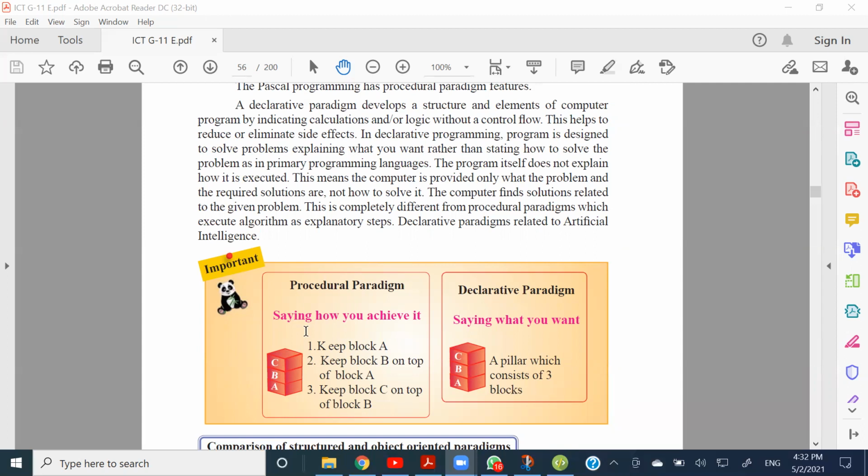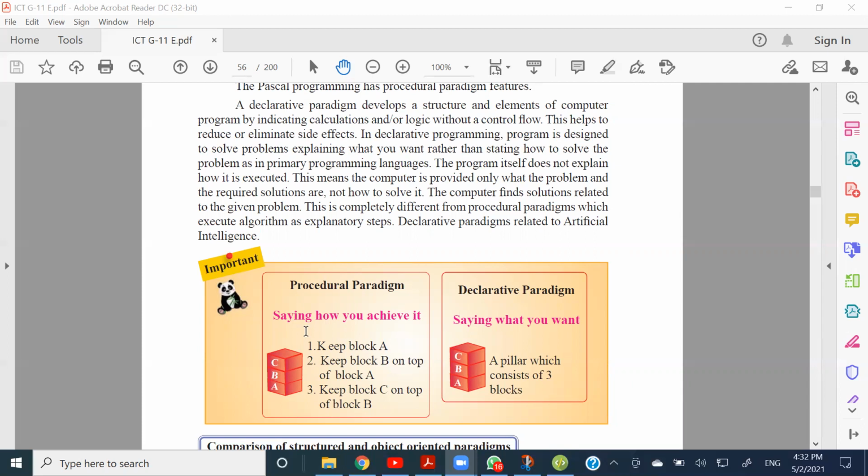Now if we consider a structured language like SQL, structured query language, we use the SQL language with a database, right? In those languages, we are just giving them a command.